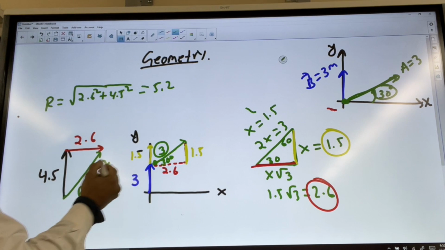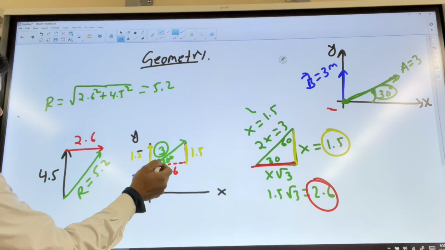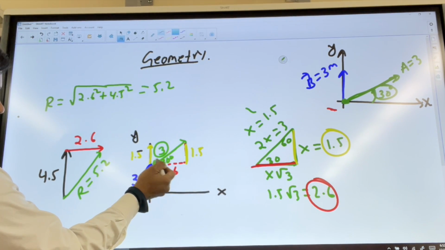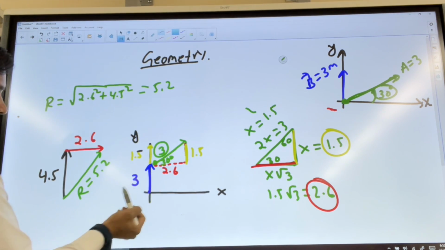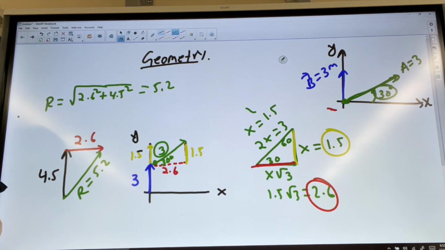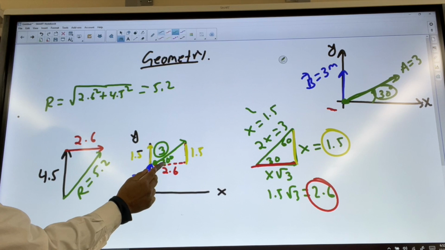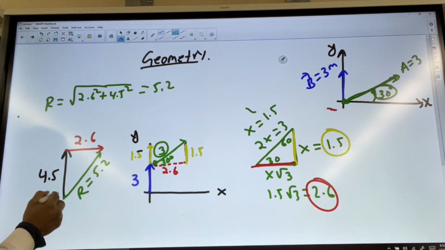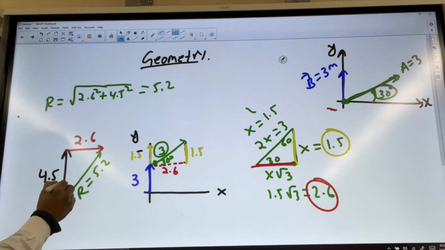How can I find the angle? Well, we can get the angle from here. Let's see. This is 30 degree.